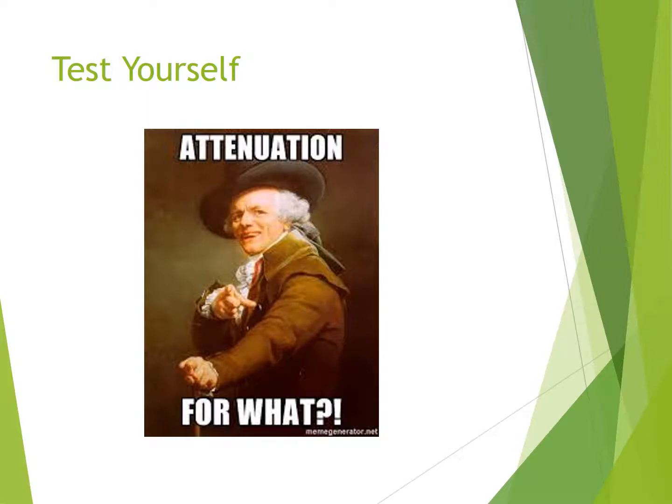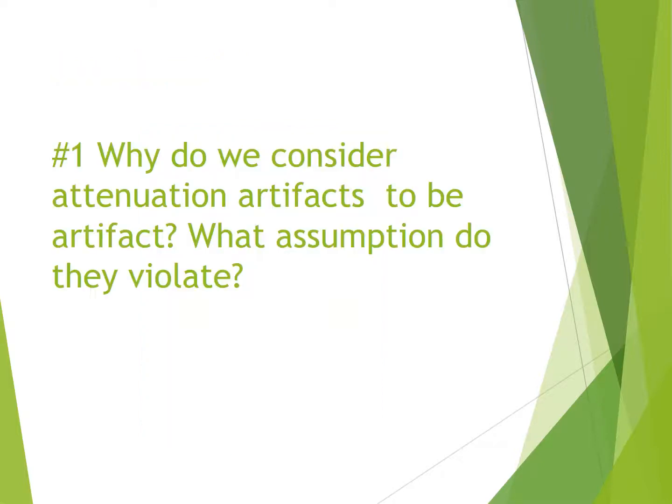You just need to realize that they are considered artifacts, even though we do help them or use them for diagnosing certain diseases. Make sure to understand that it is not a matter of sound moving faster or slower, that it is truly the rate at which the sound is attenuated will affect shadowing versus enhancement.